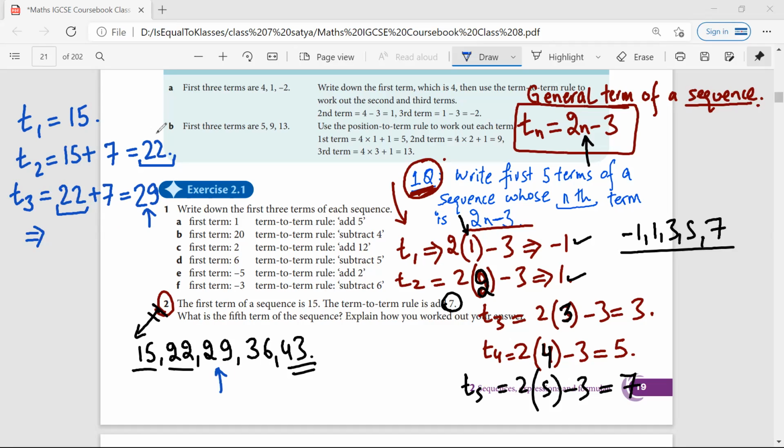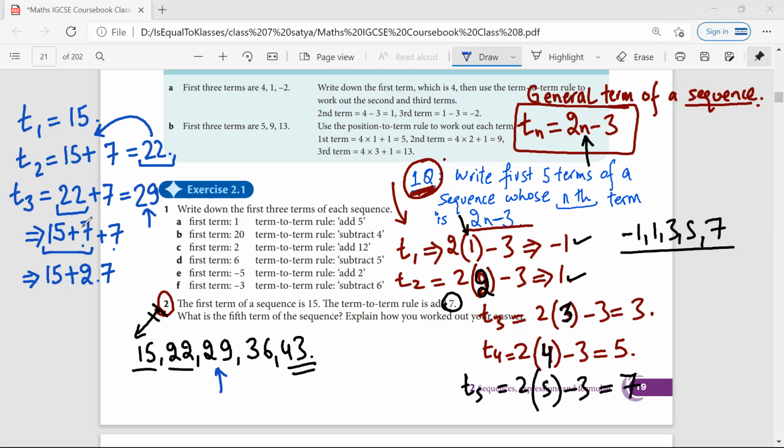This 22 was written as 15 plus 7. So I can write my 22 as 15 plus 7 plus 7. Satya, any doubt? No, sir. Then I can write this as 15 plus, this is 7, this is 7. So this is 2 into 7. Satya, any doubt? No, sir.